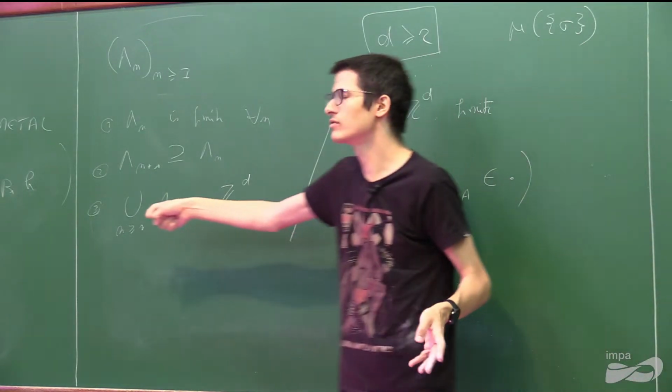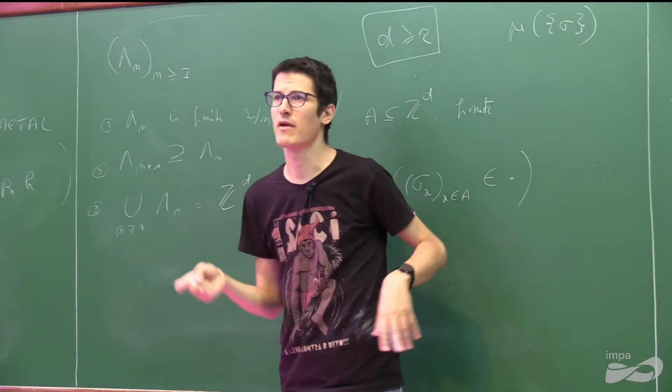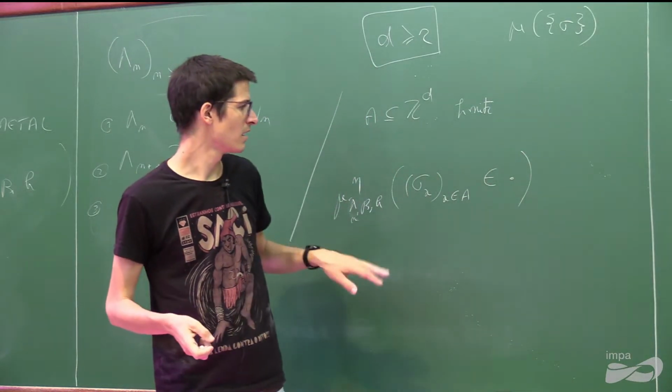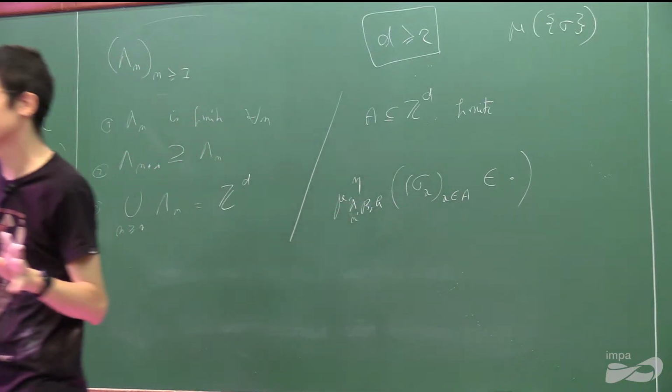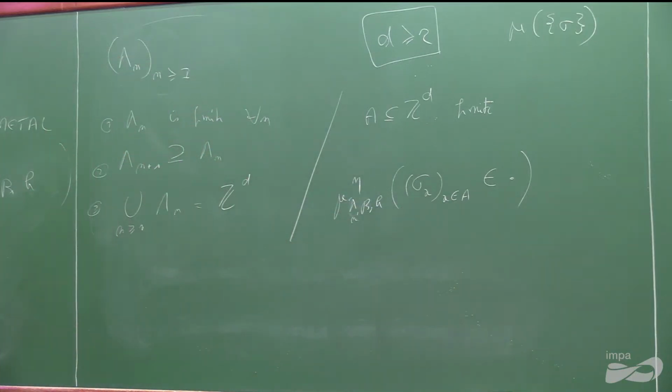You know, if the union is equal to Z^d after a certain rank, if I fix A, it will be included in lambda n.